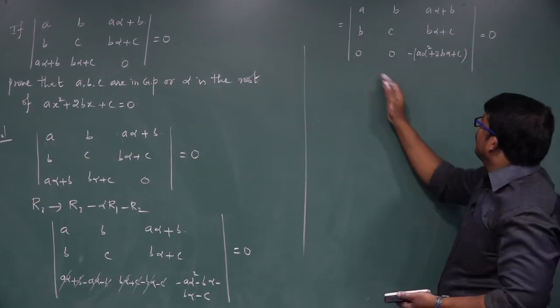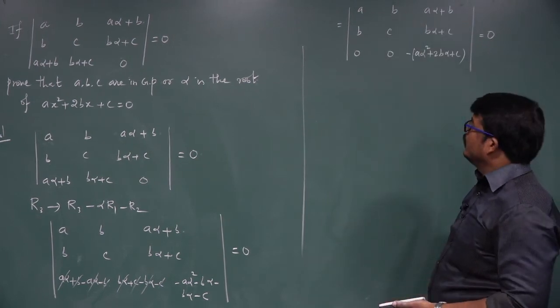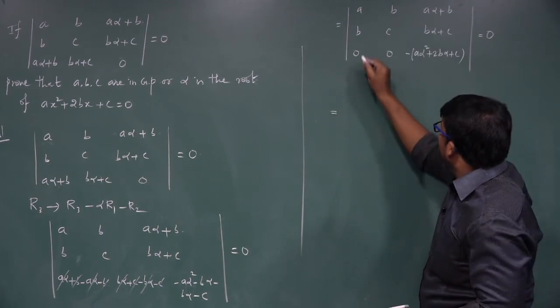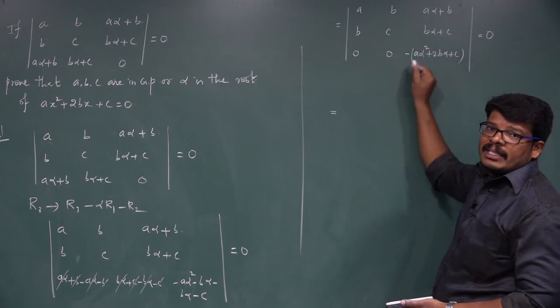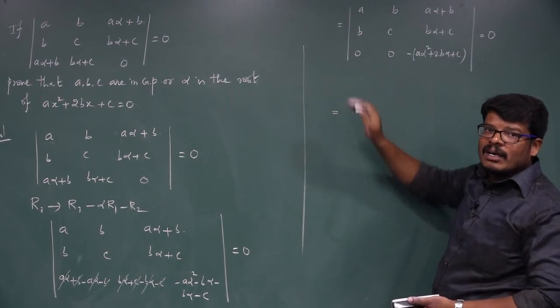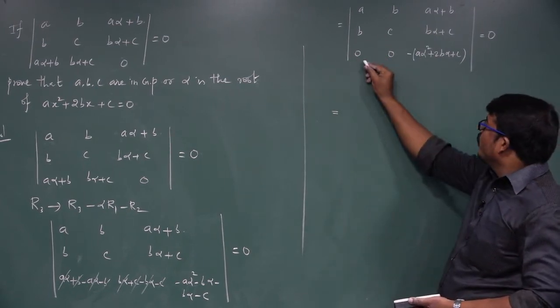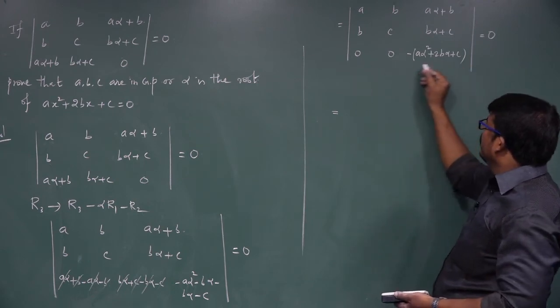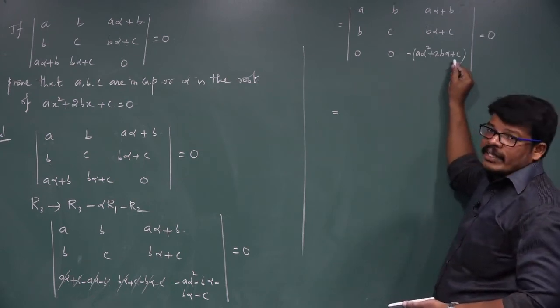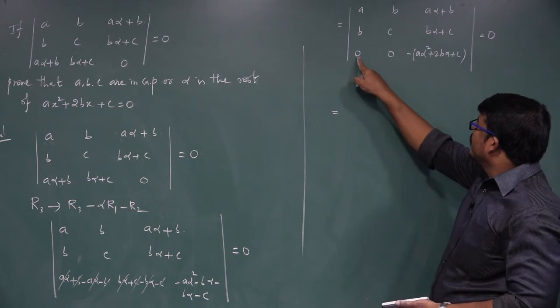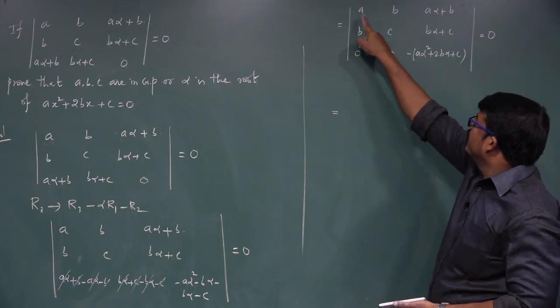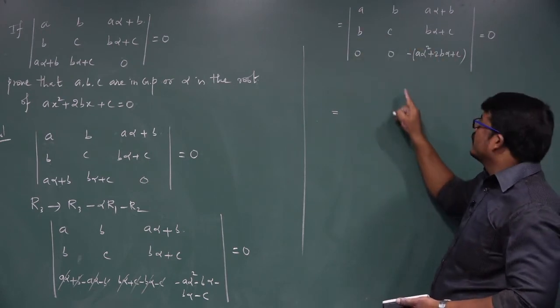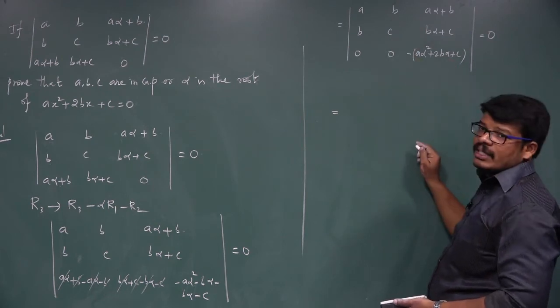Now reduce the determinants. Now expanding the determinant, taking row wise or column wise. Now I am taking row wise, expanding R3. R3 first element is 0, and 0 with anything is 0. Next element is 0, and 0 with anything is 0.